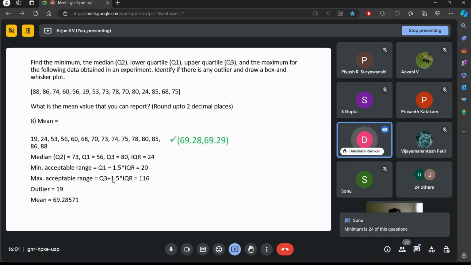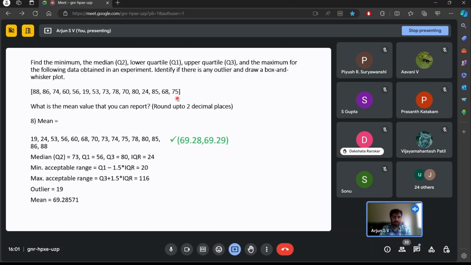The maximum value, Q3, or maximum. Okay, okay. So we have the question, they have given these numbers. To find the mean, median, and all those things, I have arranged them in ascending order. So the minimum value is 19, the maximum value is 88 in this range. Medians and mean are different.